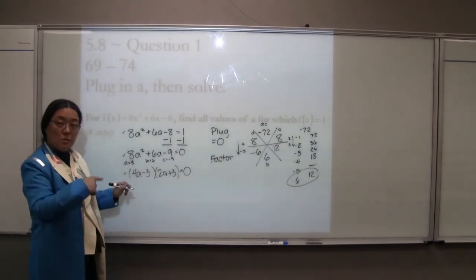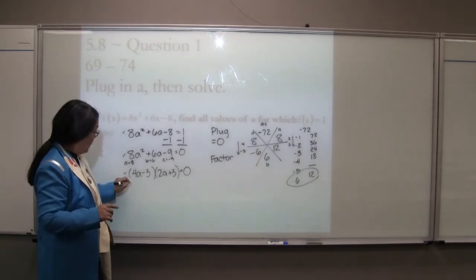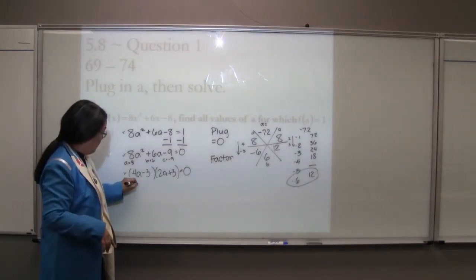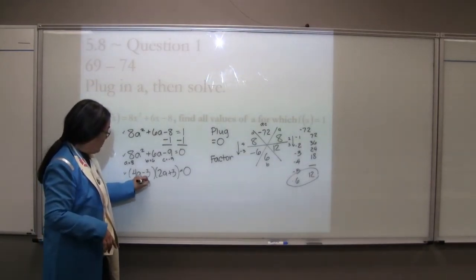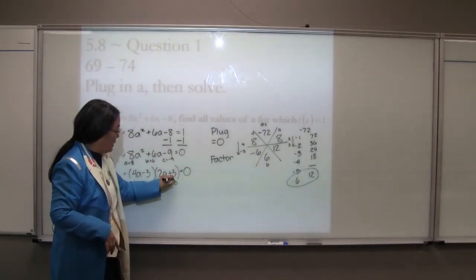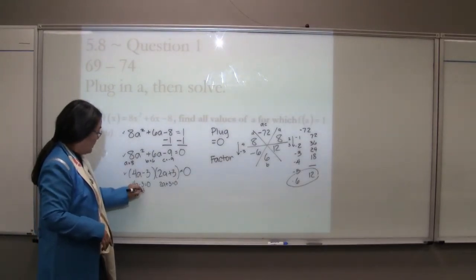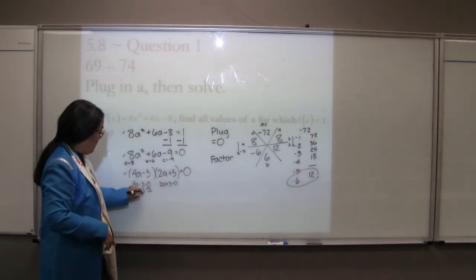Now, if you understood what we did on the last slide, you could possibly look at this and write the answer, but if you need to, you can do 4a minus 3 equal 0, and 2a plus 3 equal 0. And then show the work to solve those. That is always a good idea. Good habits to practice in math.